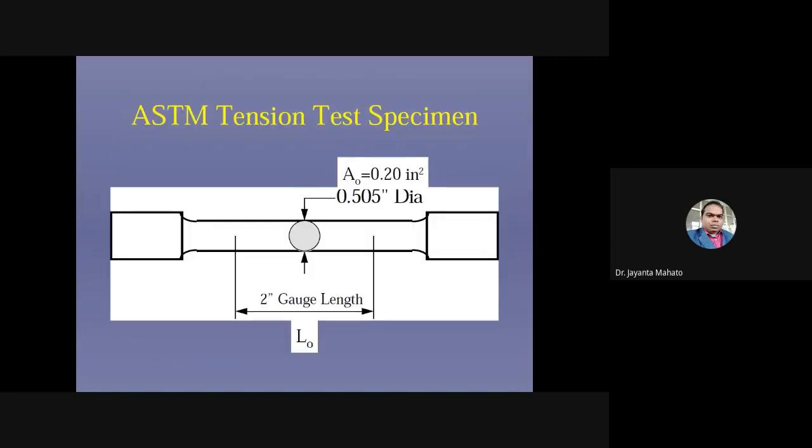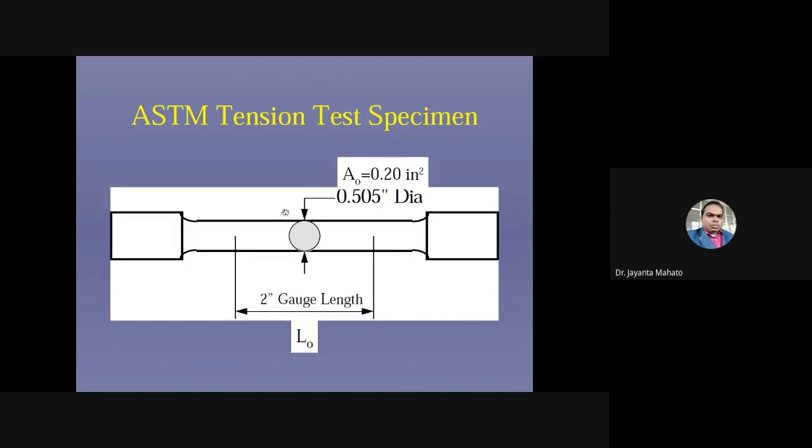This is the ASTM standard tension test specimen. This portion is called the gauge length. This is the gauge diameter. In this part, the specimen will be held by the grip.